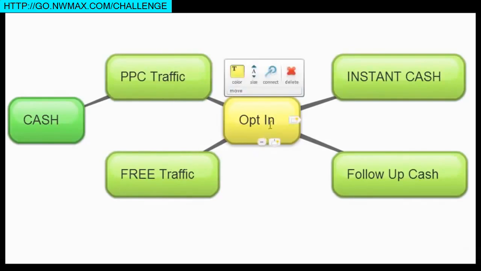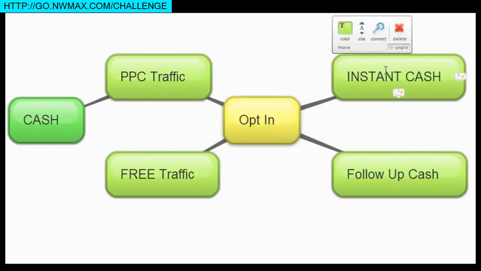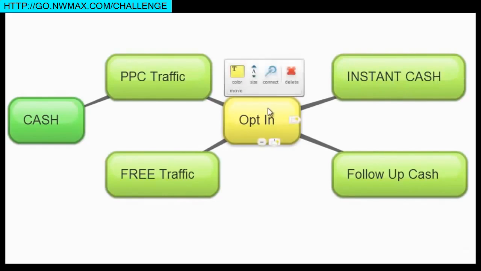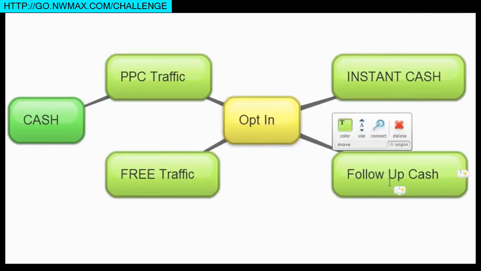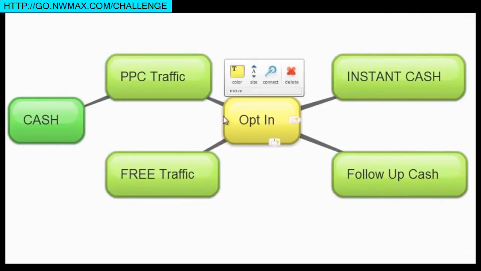So instead of going for the immediate sale, we're going to collect email addresses in the middle. So this is where you're building up your list of subscribers, and then you're going to make money off of an instant offer after subscribers opt in, and you're also going to make money off of the follow-up emails from the people that decide to opt in.